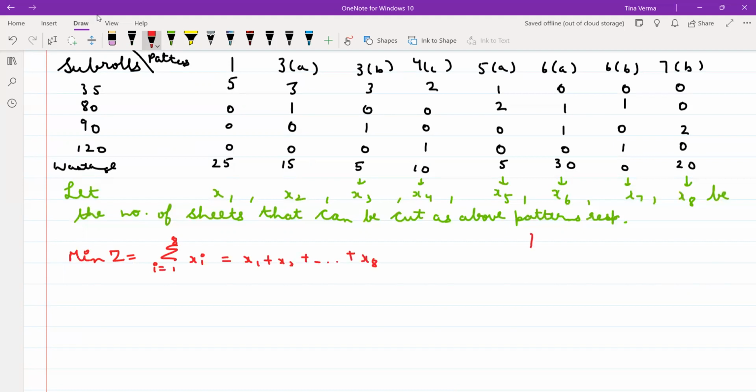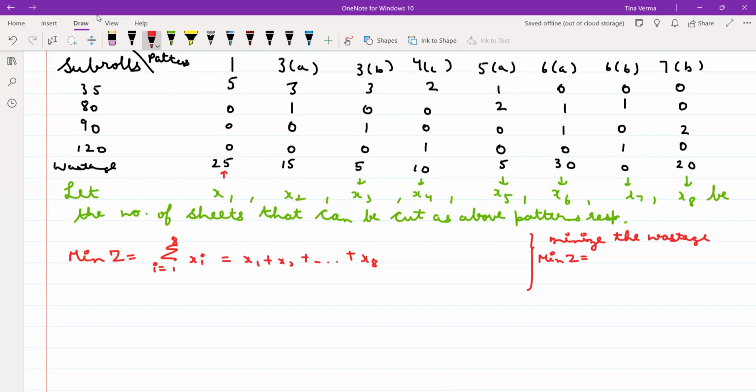On the other hand, irrespective of this, if your objective function is that you have to use the metallic sheets in such a way that you can minimize the waste, so in that case, what will become your objective function? That means from one sheet you are wasting 25.